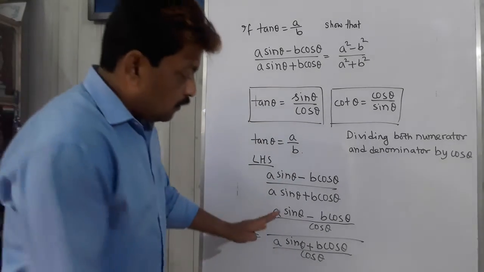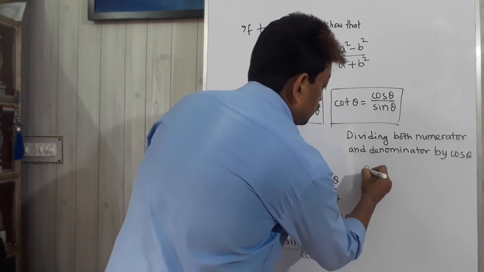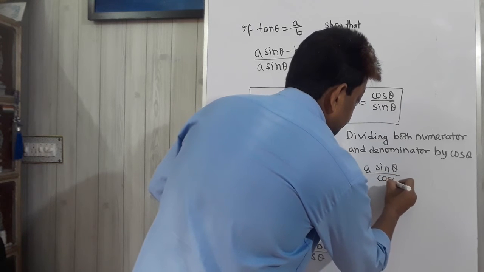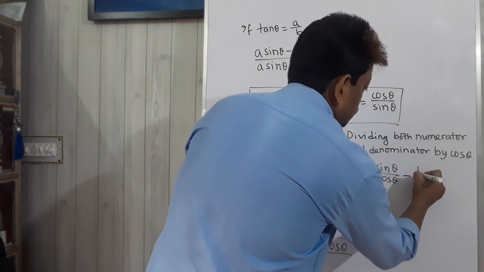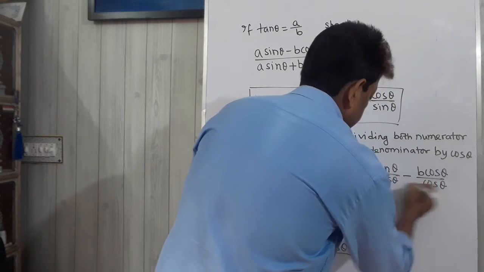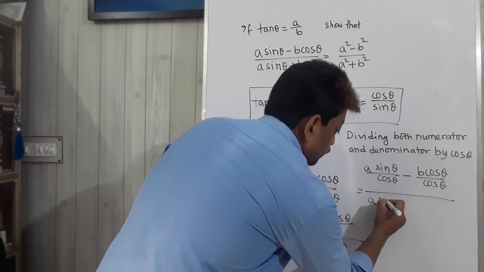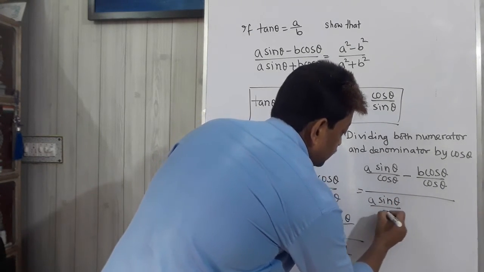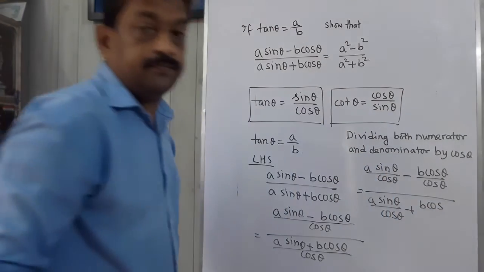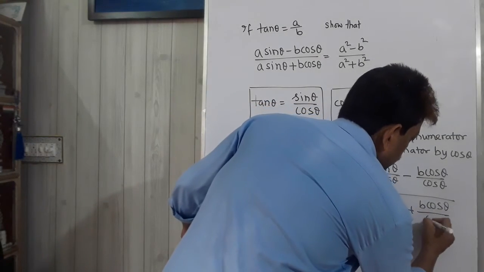Understood? Now let me split the whole thing. In this one, the numerator will be a sin theta by cos theta minus b cos theta upon cos theta, whole divided by, again splitting will be done in the denominator also, a sin theta upon cos theta plus b cos theta upon cos theta.